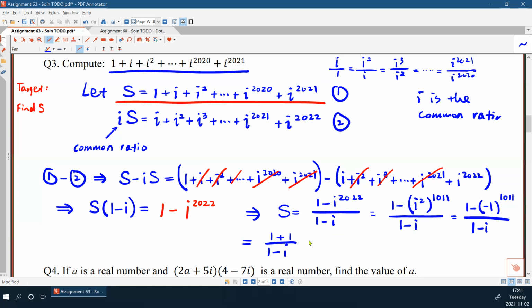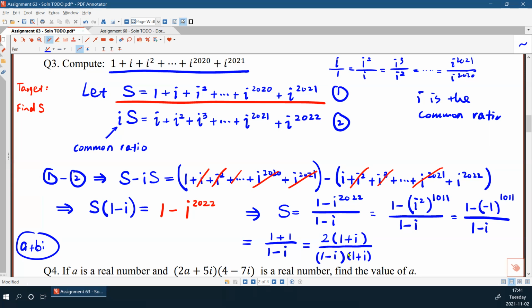And it's still not over yet. Remember that we need to simplify the result to the form a plus bi. So we have 2 times (1 plus i) over (1 minus i)(1 plus i).